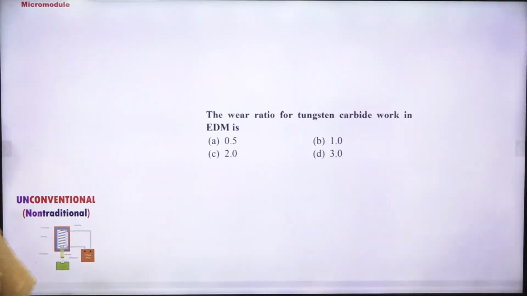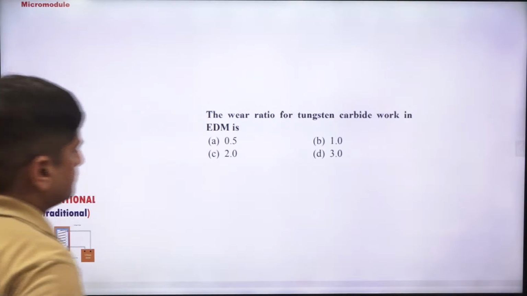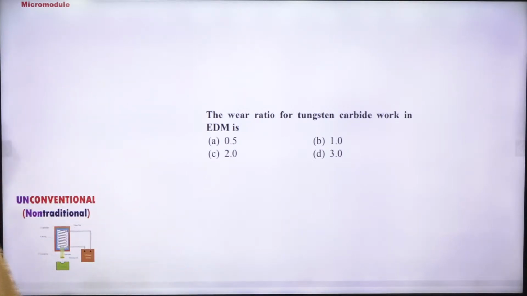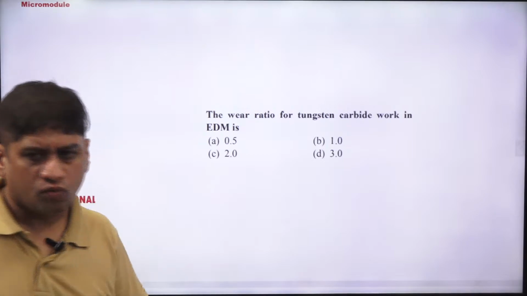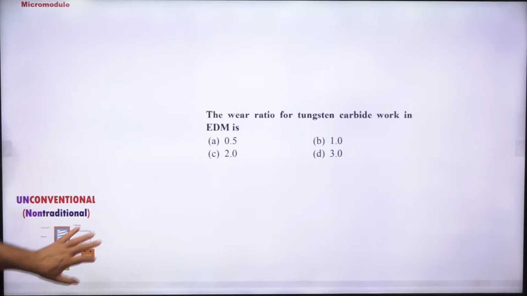Okay, now wear ratio से भी question आता है, something about wear ratio for tungsten carbide workpiece in electric discharge machining. Right, if a workpiece is made up of tungsten carbide, what is the typical wear ratio in EDM, electric discharge machining? What is the typical wear rate which you think of getting?